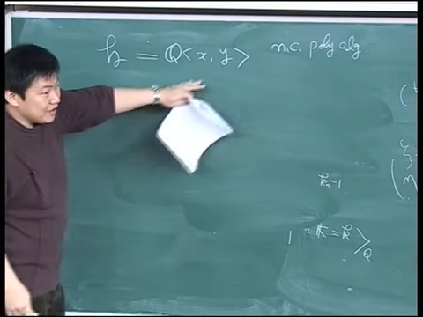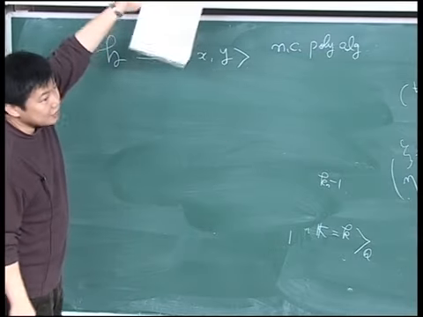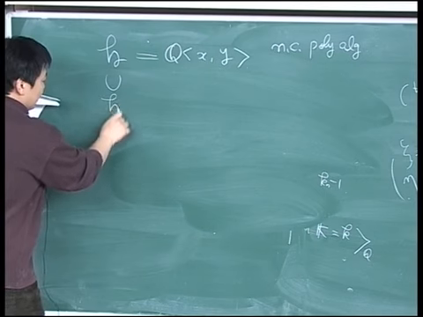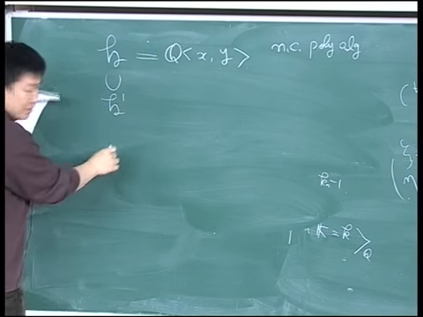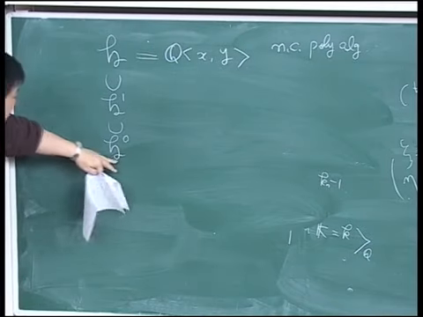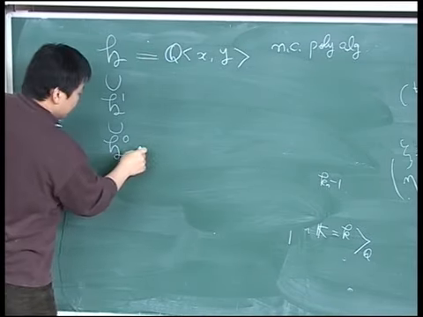Not every element in this space corresponds to zeta values, so we need to define subspaces. H0 corresponds to zeta values.